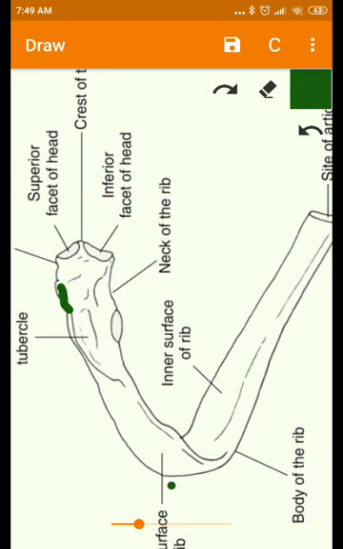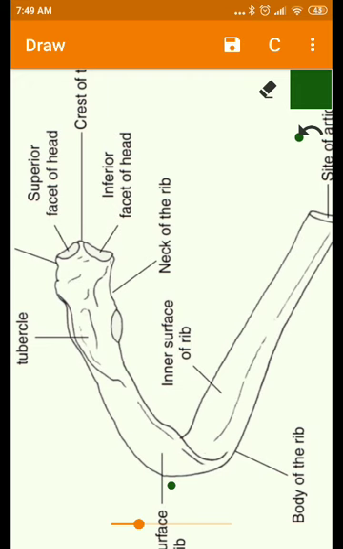The anterior surface of the neck is smooth, whereas the posterior surface is rough. The superior border is thin, the inferior border is rounded.